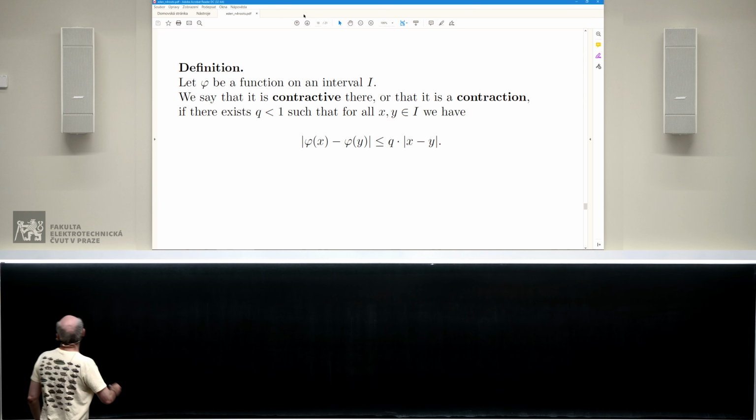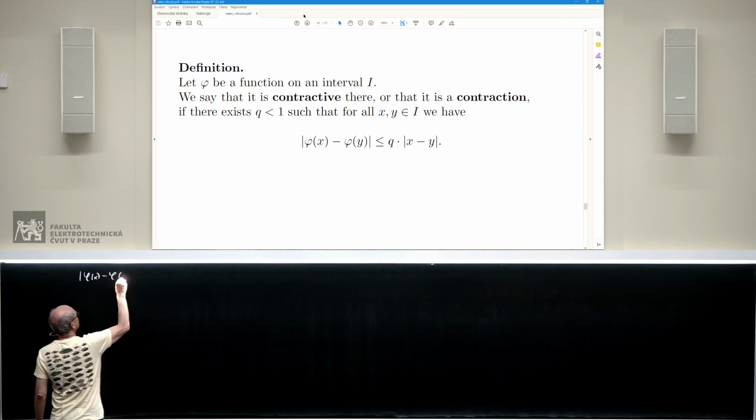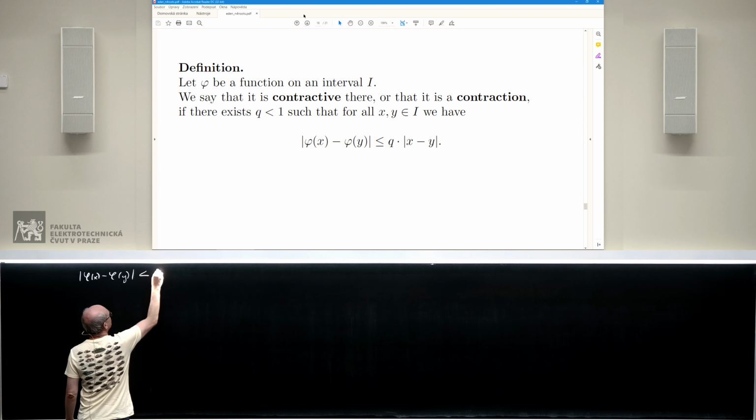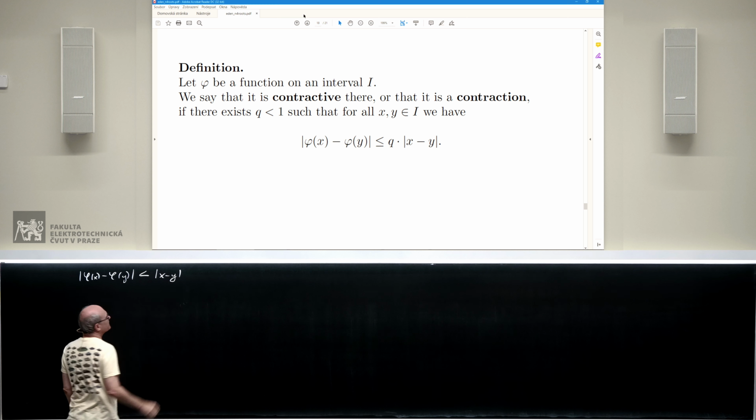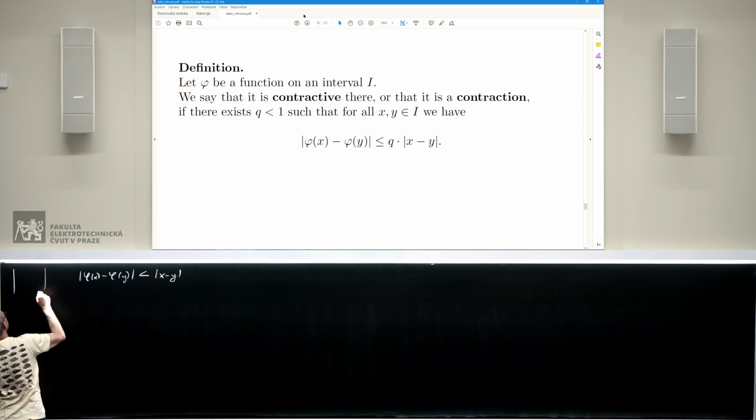Let's have a look at a small picture. What would happen, and I think this is sort of natural, if I just put this inequality in the definition. This means that the images are always closer than the original points. Over here, I have x, I have y, and they get closer together: phi x, phi y.